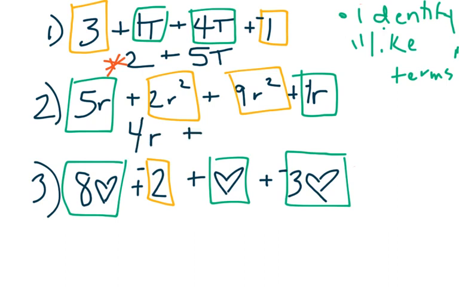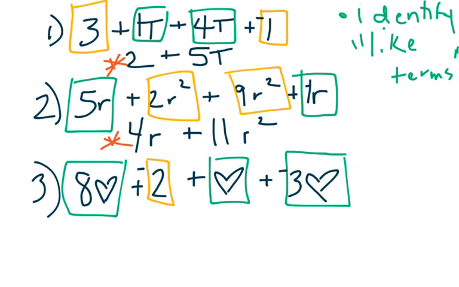And to that, we're going to add, let's see, we've got an r squared, so I've got 2 r squareds, and 9 more r squareds. That's 11 r's that are squared. And those cannot be simplified any further because r and r squared are different terms.